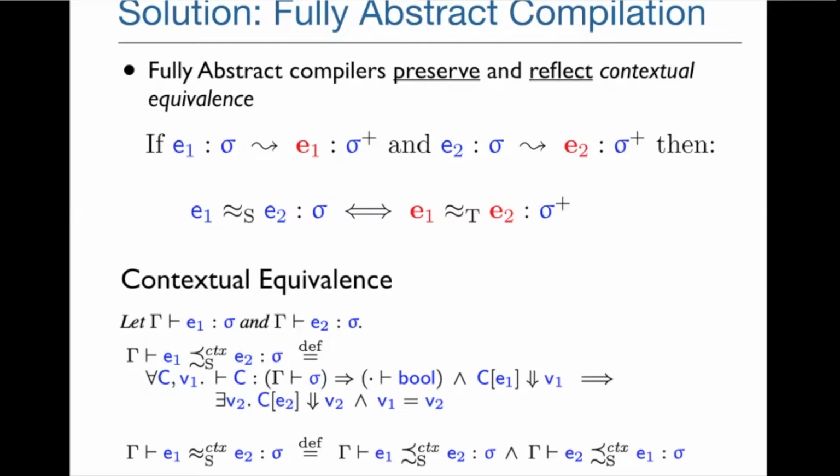And contextual equivalence just says that E1 is contextually approximate to E2, and vice versa. Intuitively, this is saying that there's no way to tell based on the behavior of these two expressions that they are different.